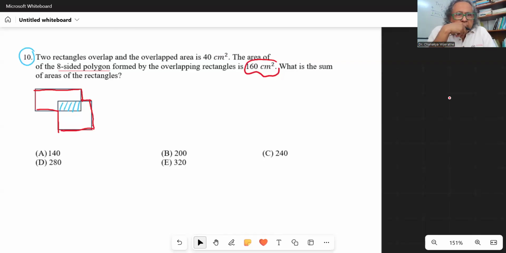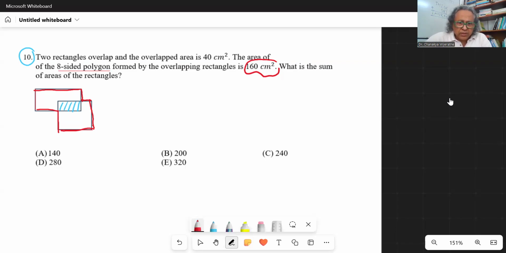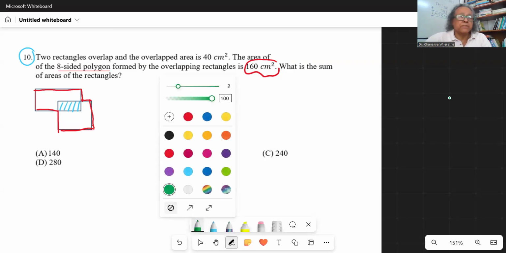What is the sum of the areas of the rectangles? Let me shade these areas, then it'll be easy for us to see, right?